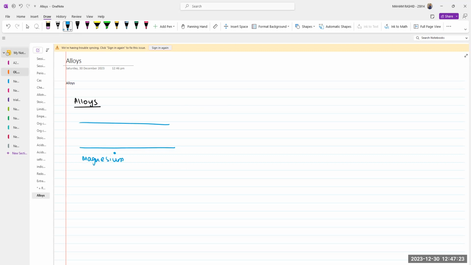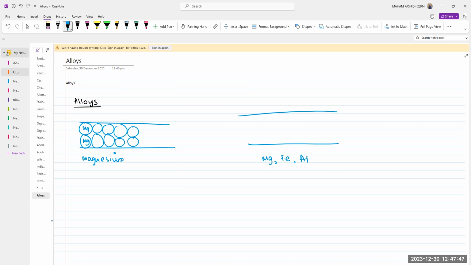Now, a bar of magnesium will only have atoms of magnesium, right? However, if I have another bar that has a mixture of magnesium, iron, and aluminum, right?